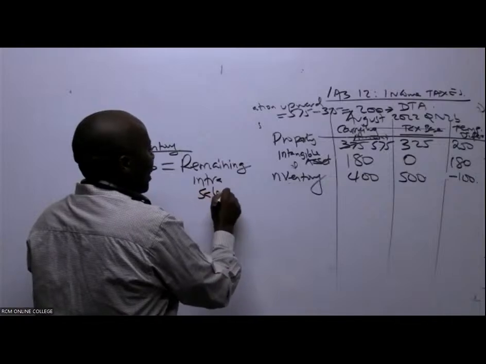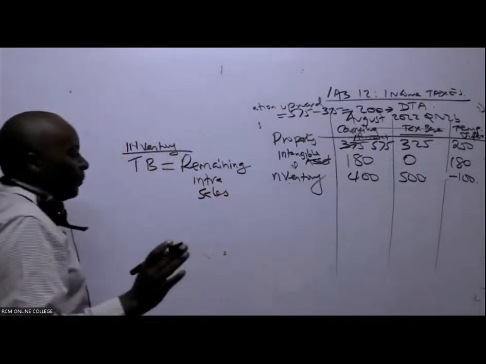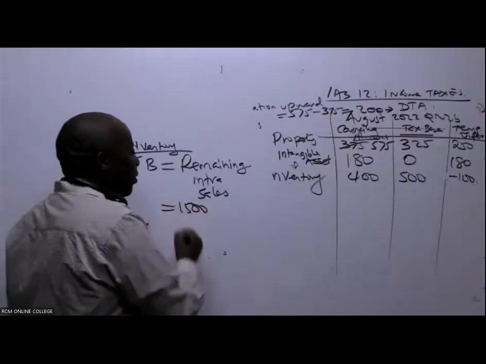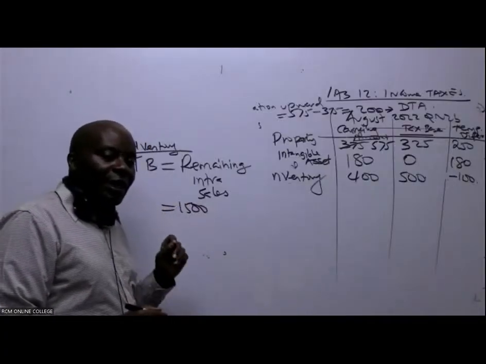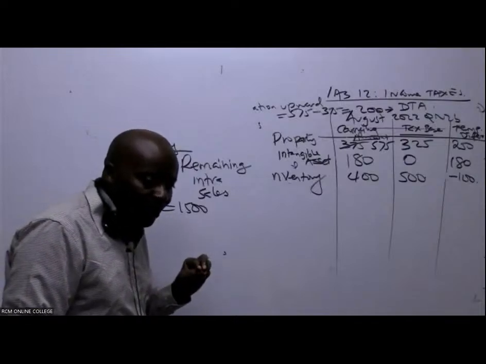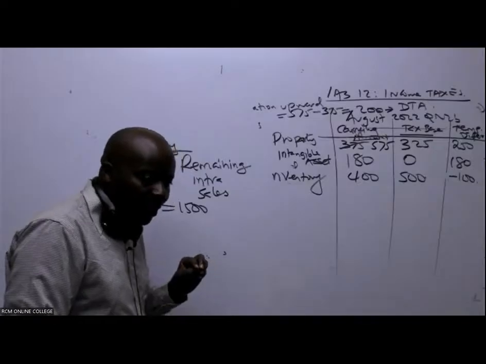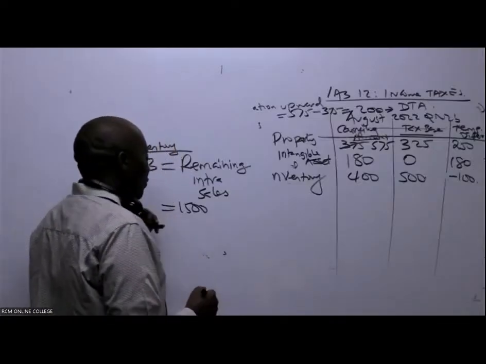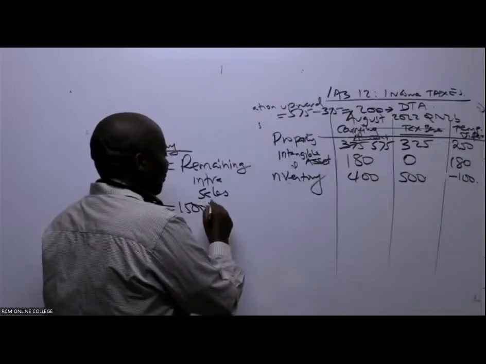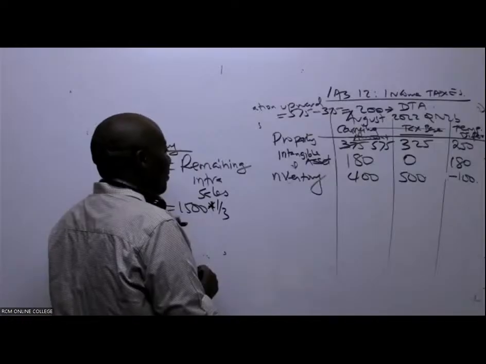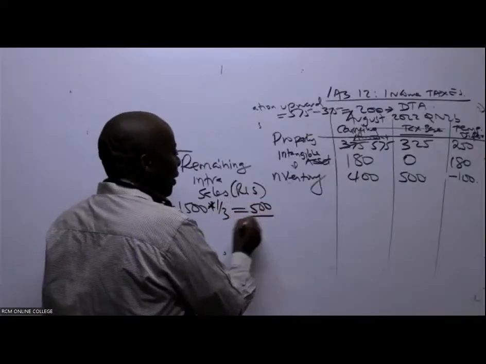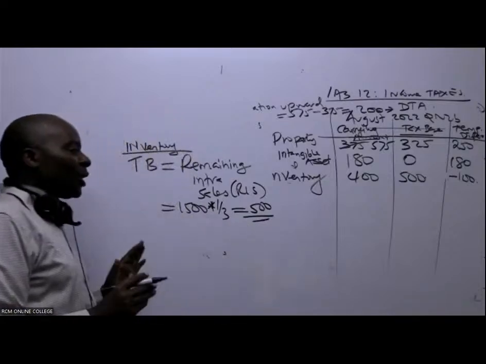Very easy. So here we sold goods worth how much between ourselves? 1,500. And by the end of the year, the fraction remaining was a third. So the remaining intra-sales, our REIS, is 500.